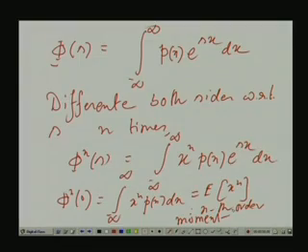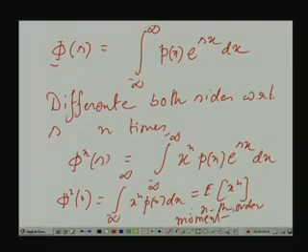That is why this function is called the moment generating function. First you differentiate with respect to s n times, then put s equal to 0, and what you get is the nth order moment. So, once again see this formula: you differentiate the function phi underscore s n times and then put s equal to 0, that will give you the nth order moment.